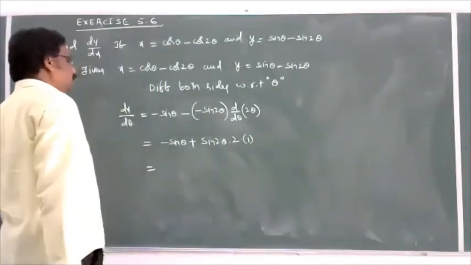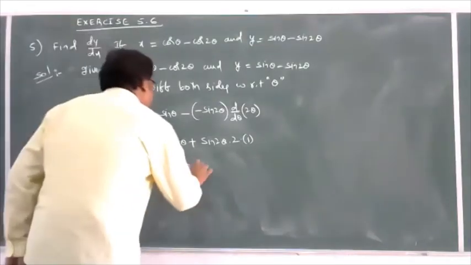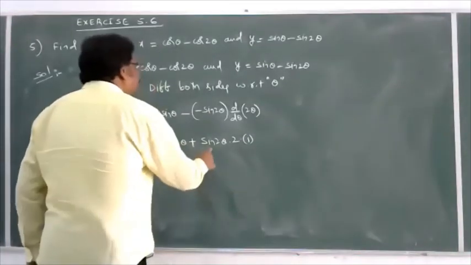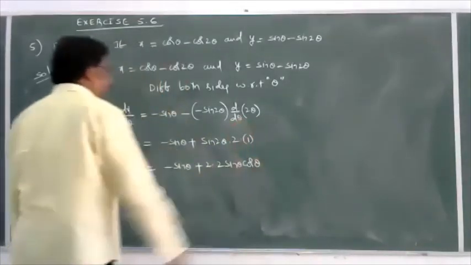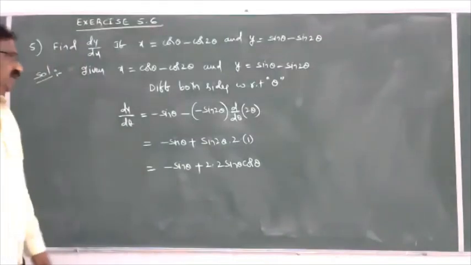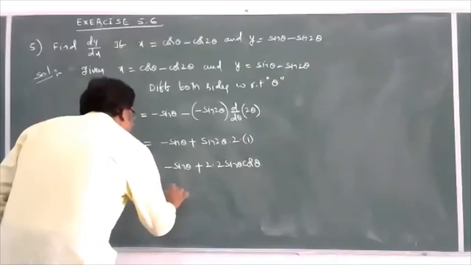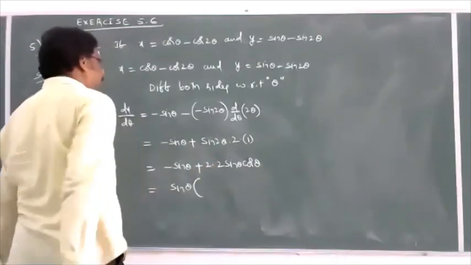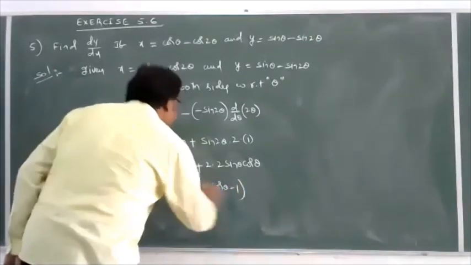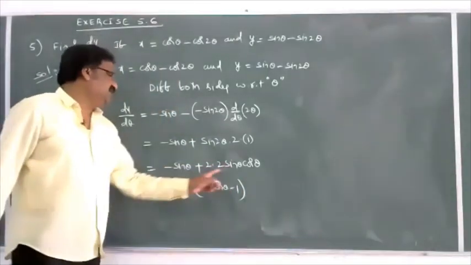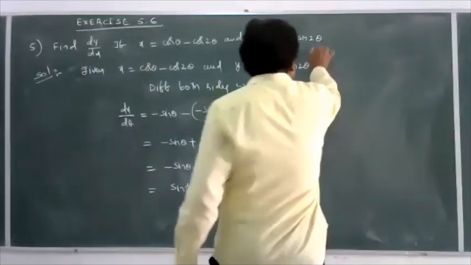That is equal to minus sin theta plus 2 sin 2 theta, and sin 2 theta in terms of theta formula is 2 sin theta cos theta. Here sin theta is common. You get sin theta into 4 cos theta minus 1. This is dx by d theta.